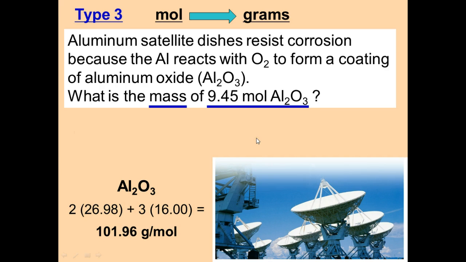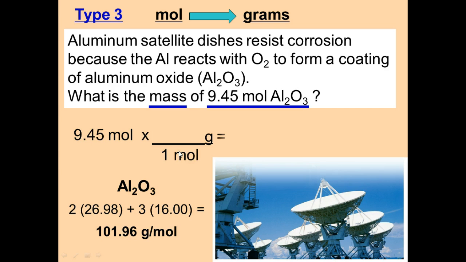So now we can convert because we have a molar mass right here. So we first write the number of moles we have. So we have 9.45 moles, and we set up the next fraction, which is 1 mole at the bottom, because we need moles to cancel out, so we need whatever's in the numerator of the first fraction to be in the denominator of the second fraction.